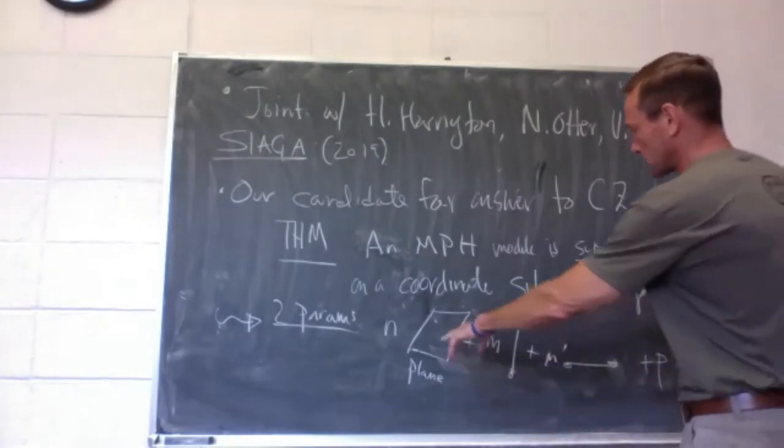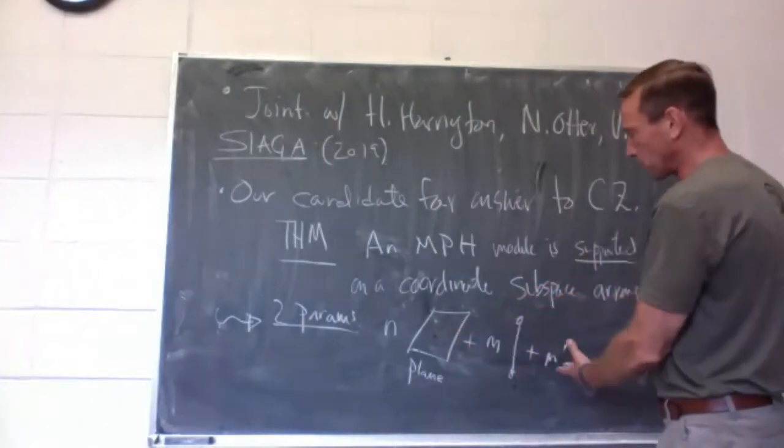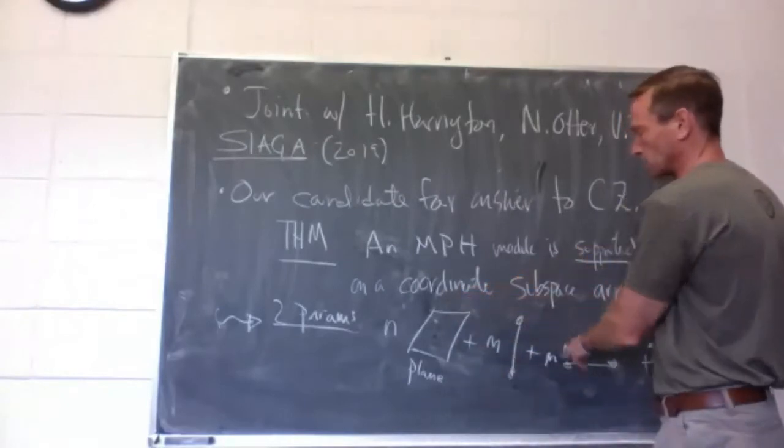So some planes, some lines, and some points. But these are more than just any planes and lines and points. These are actually coordinate lines, planes, and points.